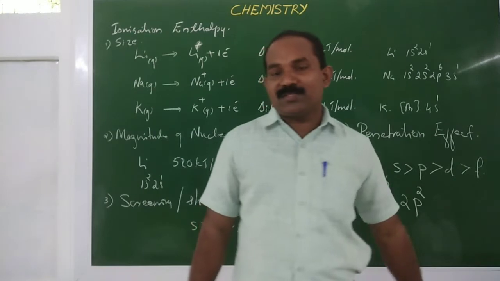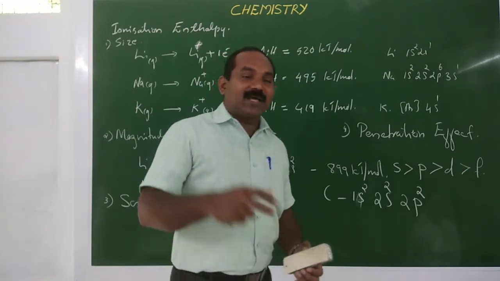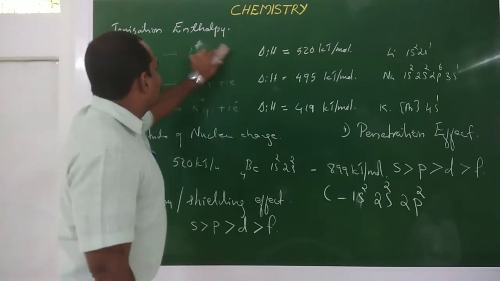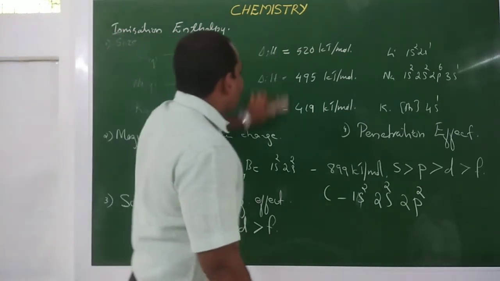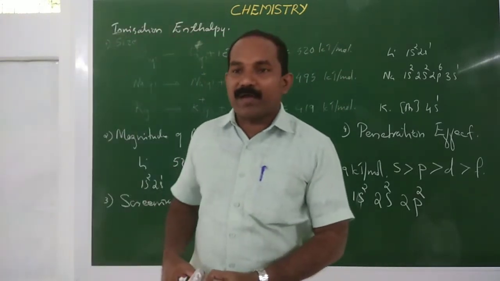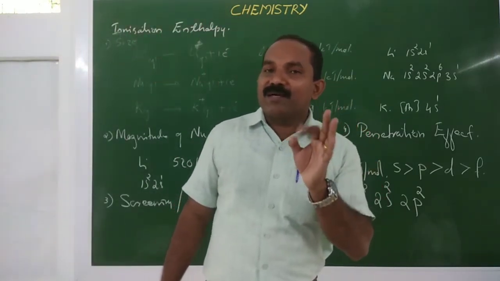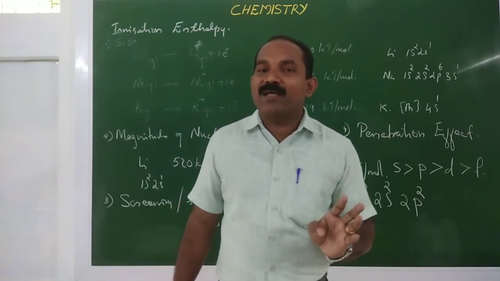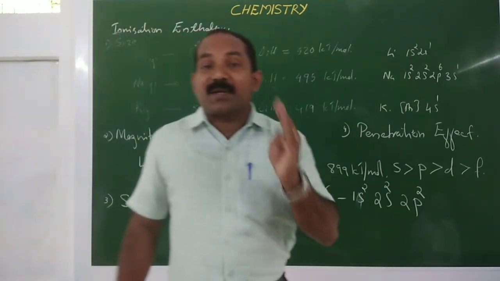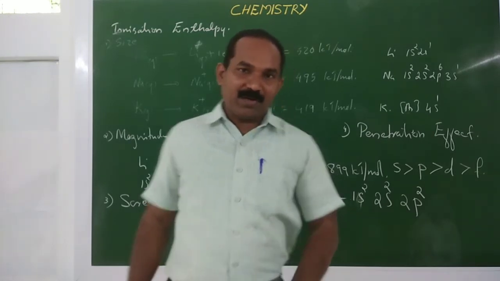And the last one is electronic configuration. Okay, electronic configuration. Some elements have more stable electronic configuration than other elements. For example, in the case of nitrogen, the electronic configuration is stable. Why? As you studied, half-filled and completely filled orbitals are more stable than partially filled orbitals.